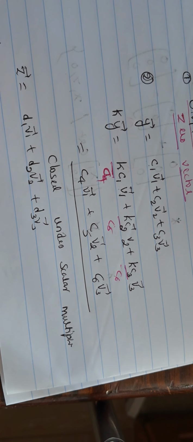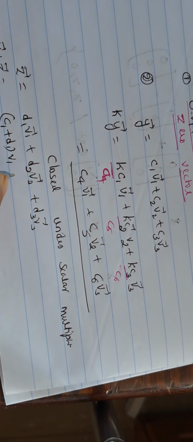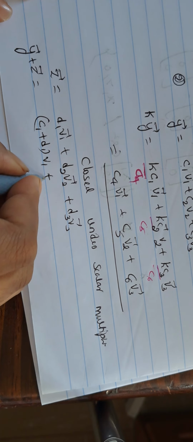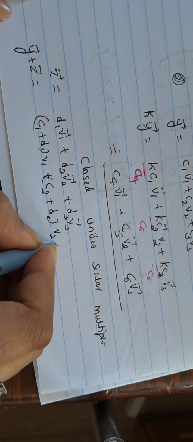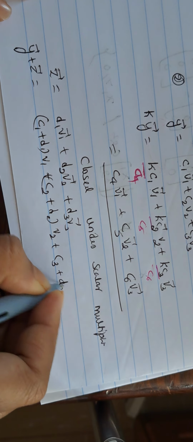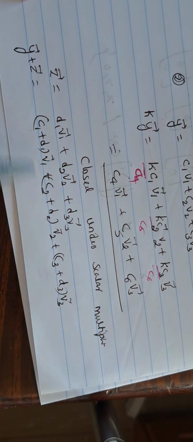Now let me add vector y with vector z. This will be c1 plus d1 times v1, c2 plus d2 times v2, and c3 plus d3 times v3. This is the new resultant vector.